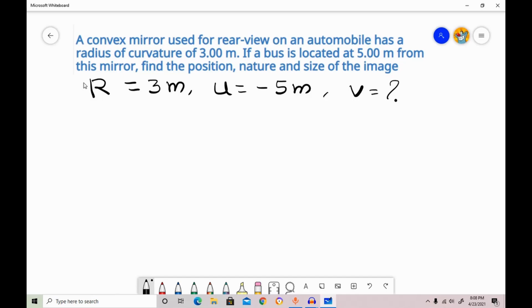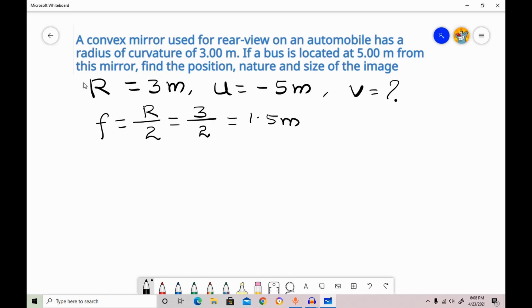If you know the radius of curvature, you can easily find the focal length. What is the focal length formula? f equals R divided by 2 equals 3 divided by 2. It comes 1.5 meter. Since it is a convex mirror, the focal length is taken as positive, that is the plus.